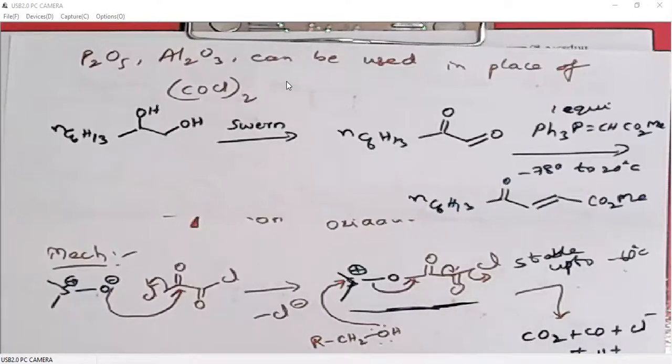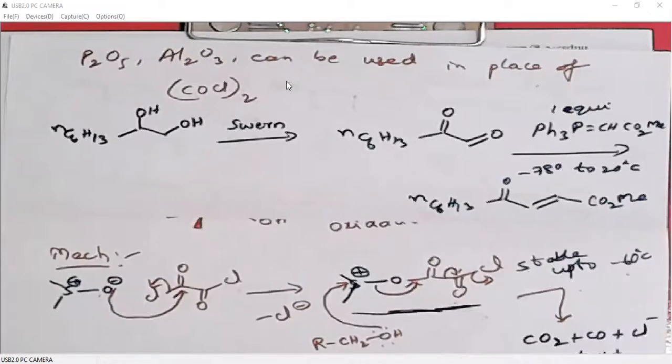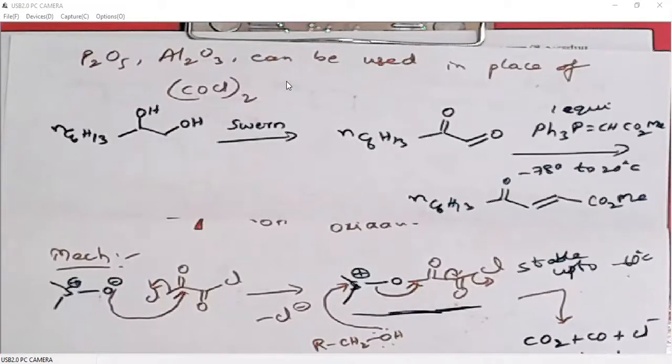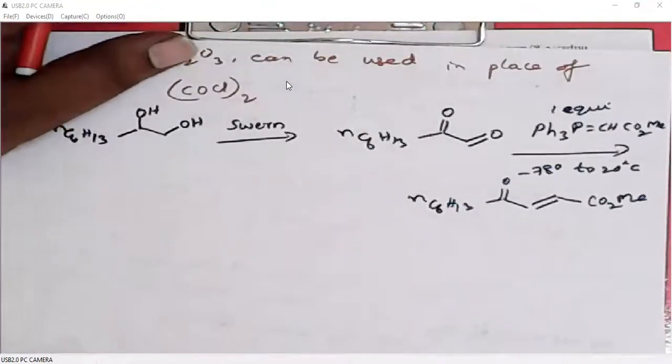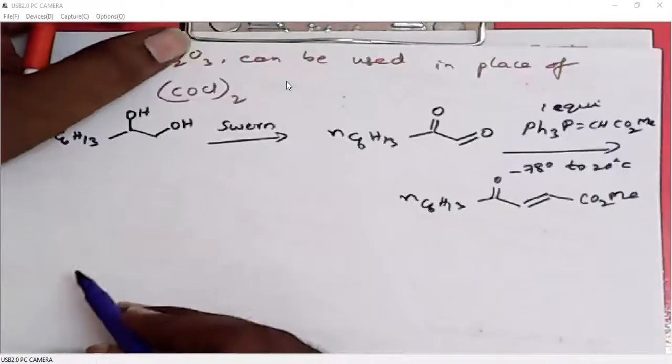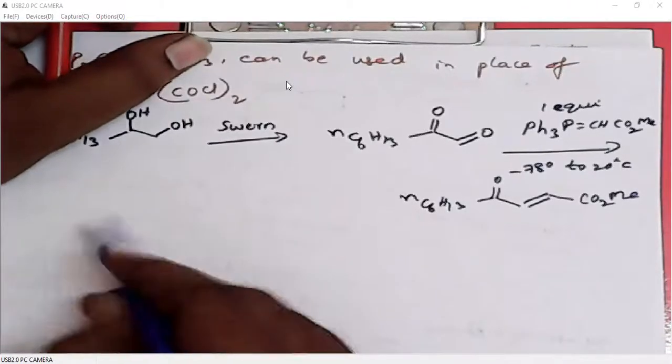Okay. So in the mechanism, you can take the product of the first step itself. Okay. So I'll give some more examples, then we will go for other oxidations.